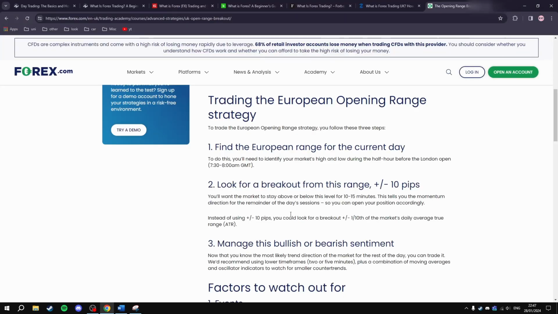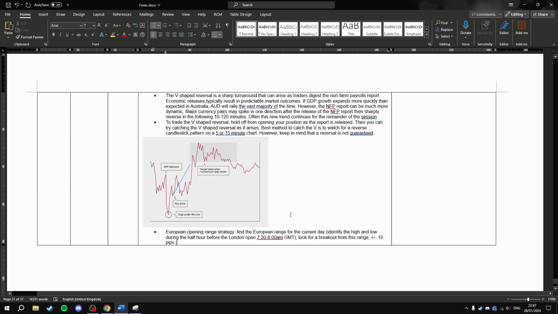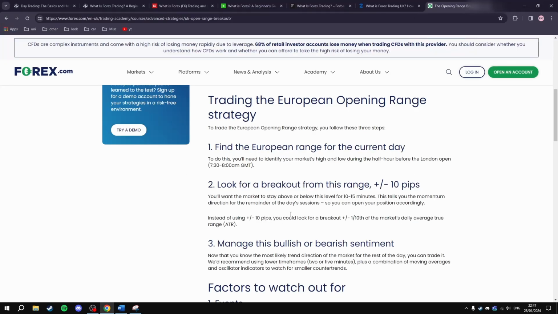You want the market to stay above or below this level for 10 to 15 minutes. This tells you the momentum direction for the remainder of the day's sessions, so you can open your position accordingly.